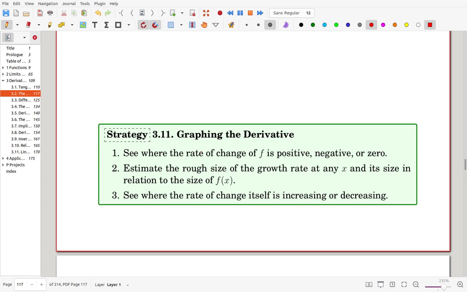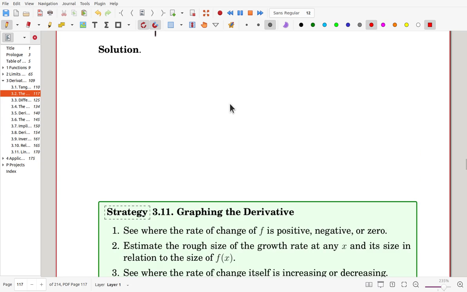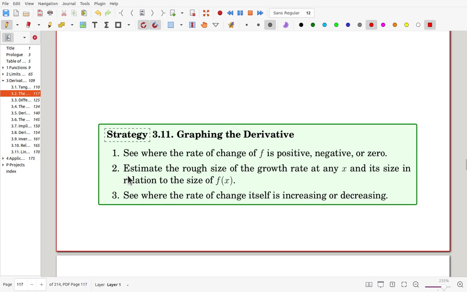Okay, here we have a strategy for graphing the derivative. See where the rate of change of f is positive, negative, or 0. We did it when we were solving the problem. Now, we try to estimate roughly the size of the growth rate at any point x. Also, we try to see where the rate of change itself is increasing or decreasing, and these two are quite similar.